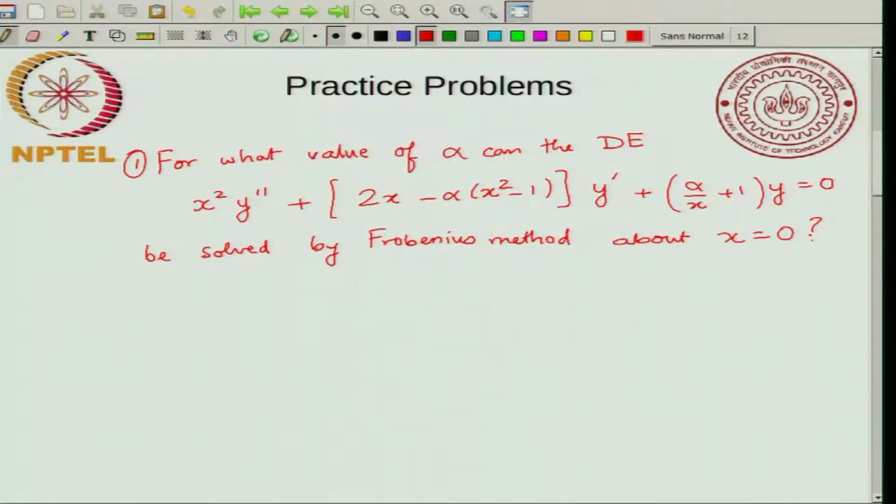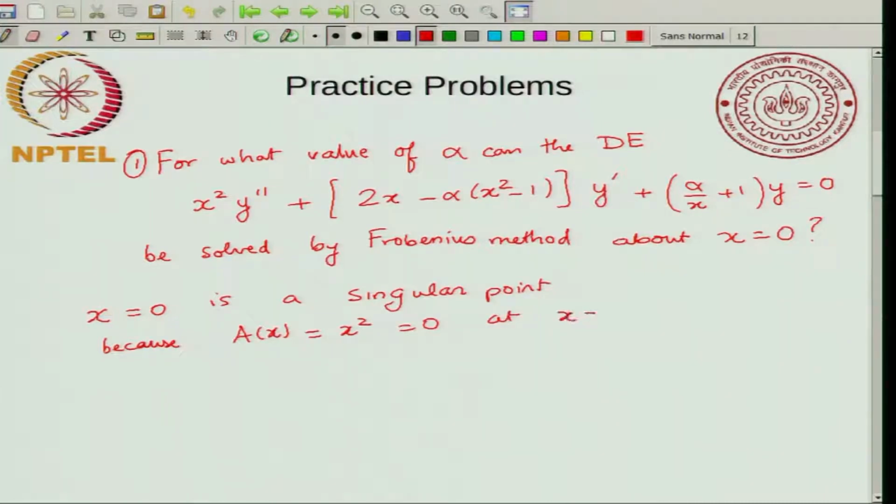Now you can clearly see that x equal to 0 is a singular point, because a of x equal to x square equals 0 at x equal to 0. Since this term multiplying y double prime is x square, and that goes to 0 at x equal to 0, x equal to 0 is a singular point.